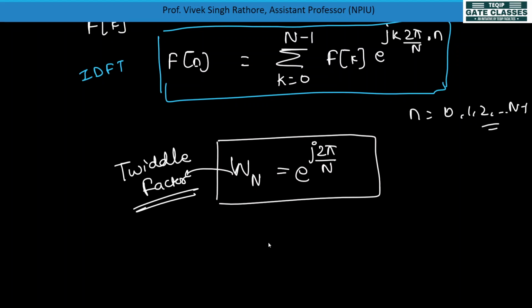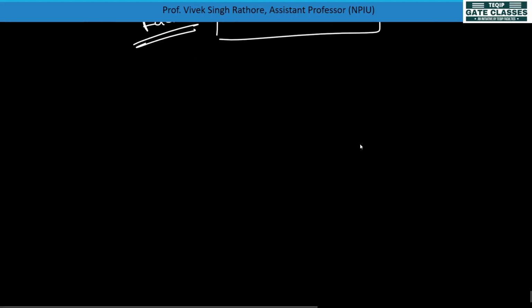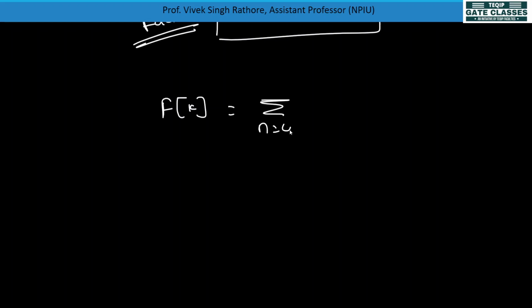So ultimately, whenever you want to take the DFT, f of k is the summation over n equal to 0 to n minus 1 of f of n, and e to the power minus j, like this values are there. So we can replace it by the twiddle factor.